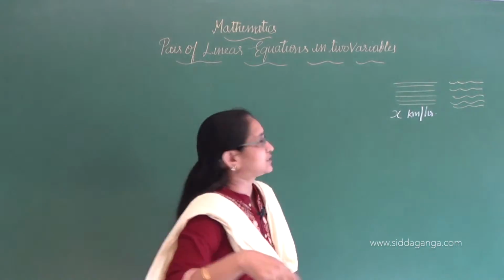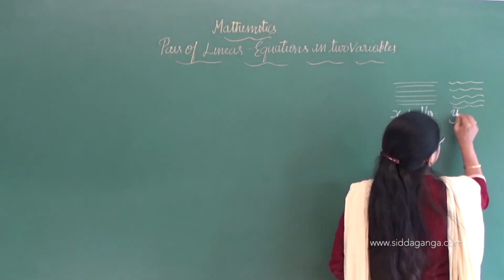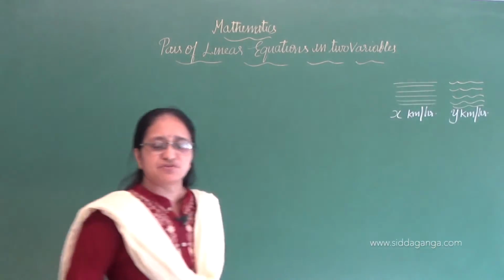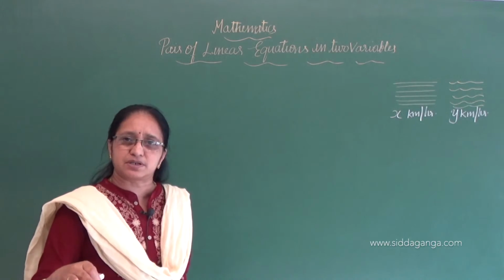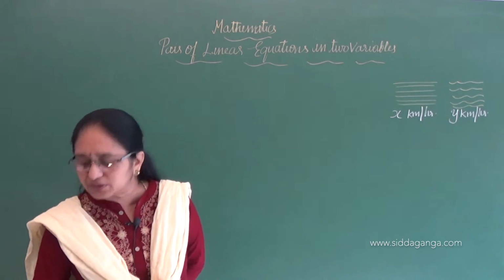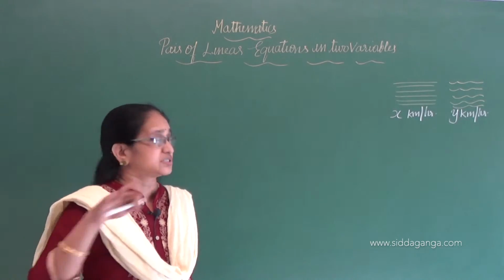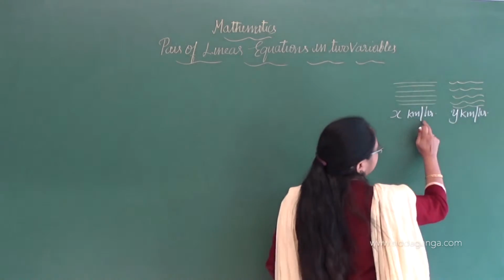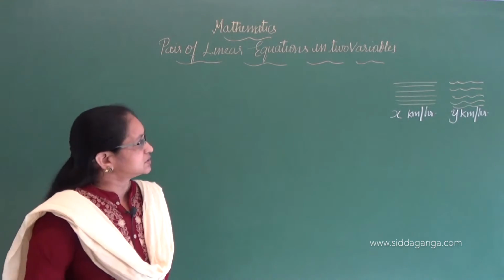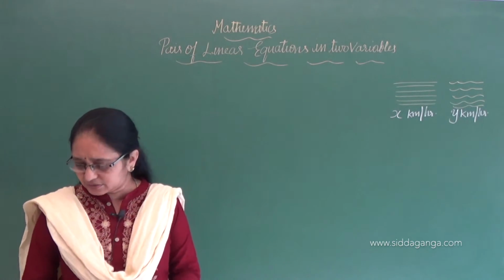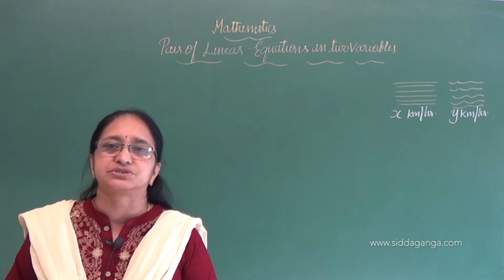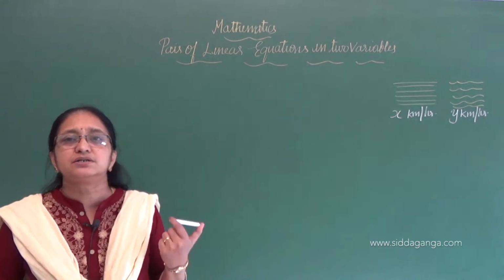The speed of the flowing water is y kilometers per hour, and the speed of Ritu's rowing in still water is x kilometers per hour. I hope you understood. This is a new term for you in that question, and they have given the words upstream and downstream.